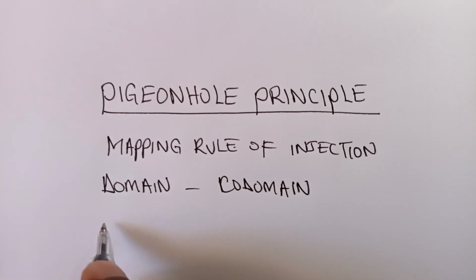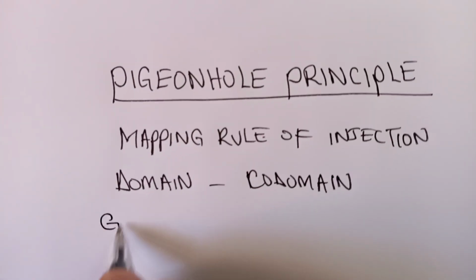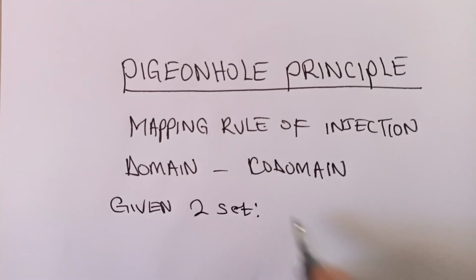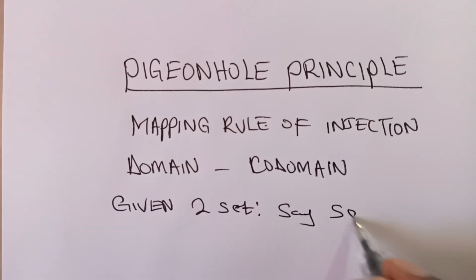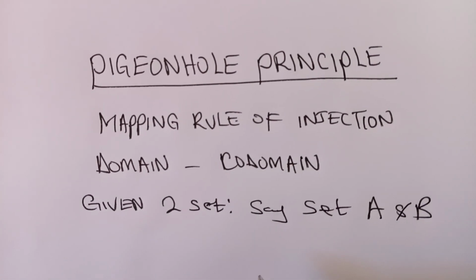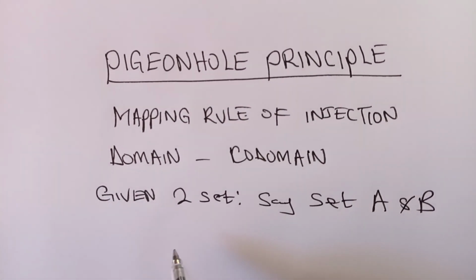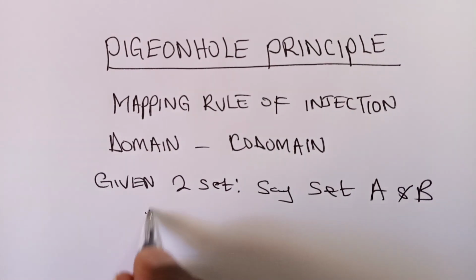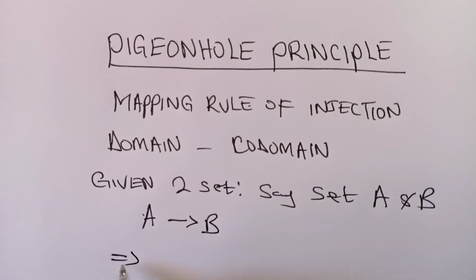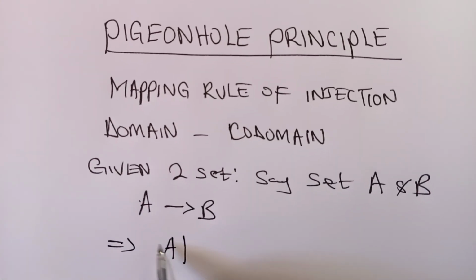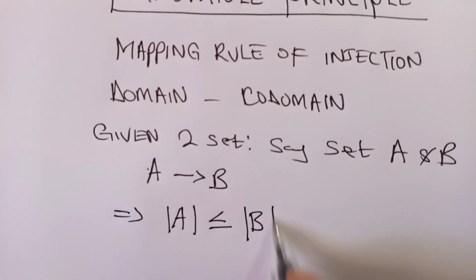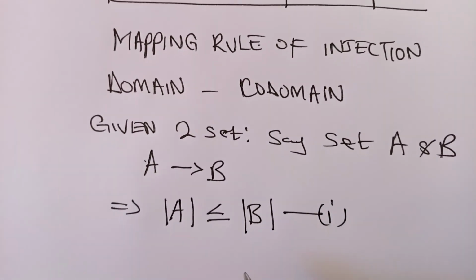For instance, given two sets, say set A and B, then for a total injection from set A to set B, the size of A must be less than or equal to the size of B. This is equation 1.